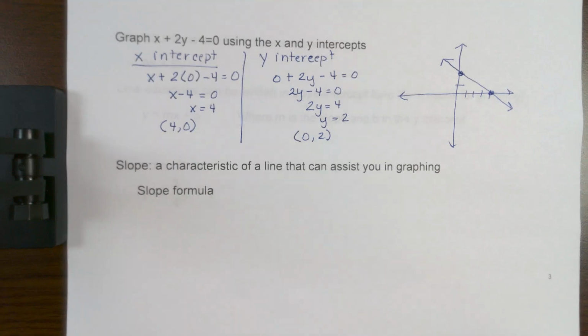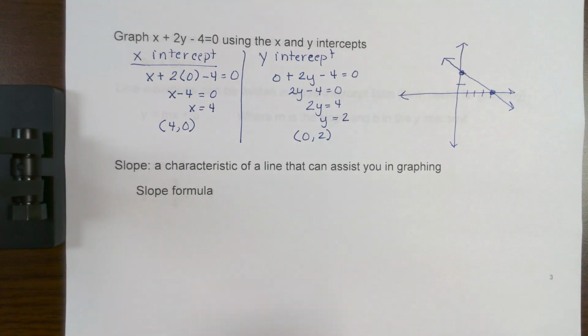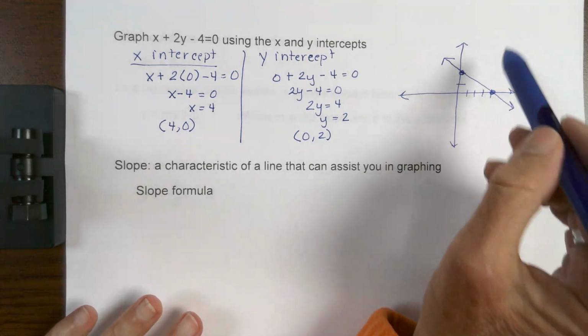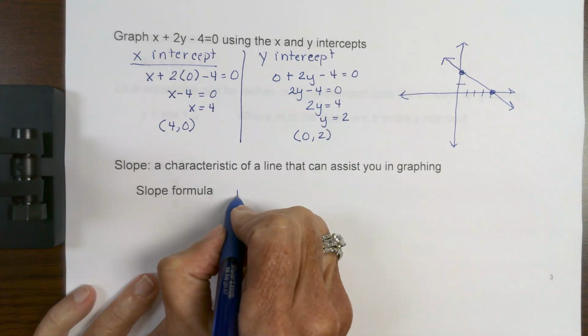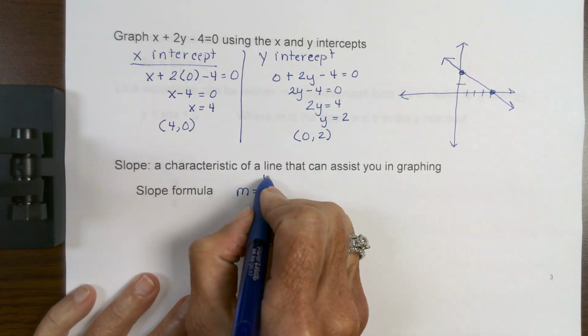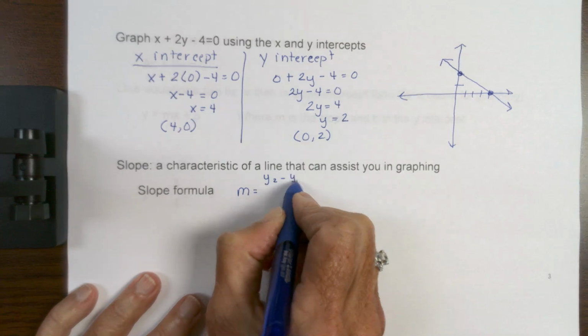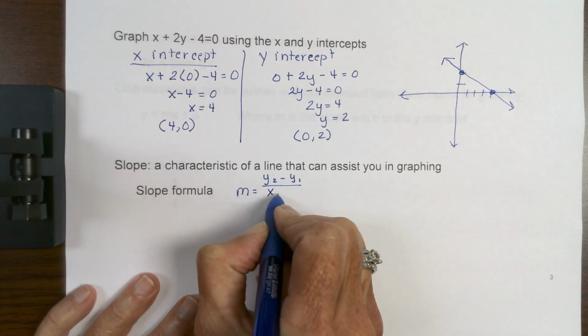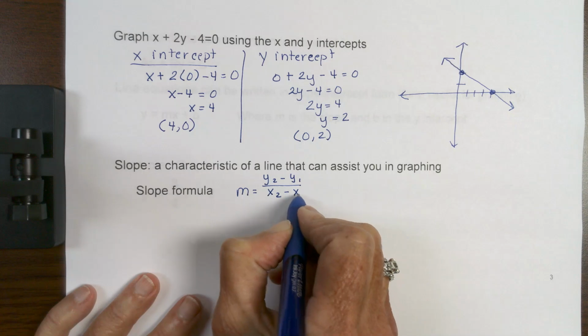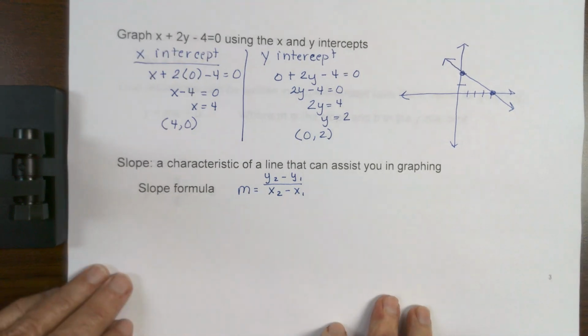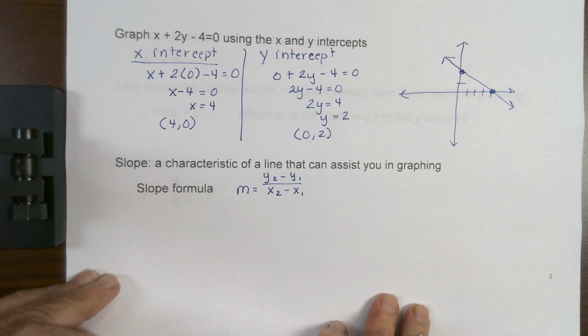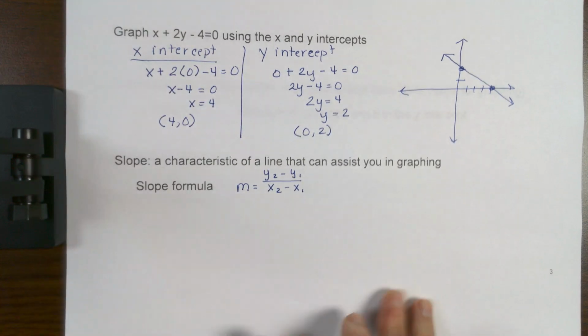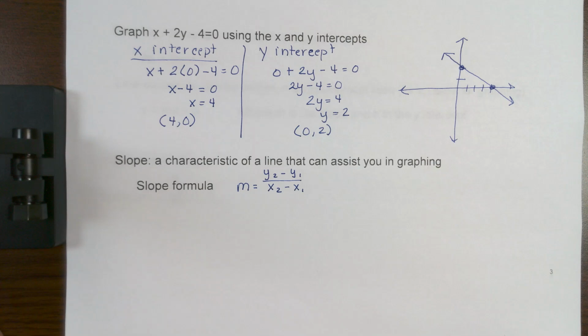Okay, some of the characteristics of a line. You might have the slope. And the slope is, remember, the angle of the line. The slope formula is the difference in the y's over the difference in the x's. Now I'm hoping that you remember that a slope can be positive, it can be negative, it could be 0, it could be vertical.